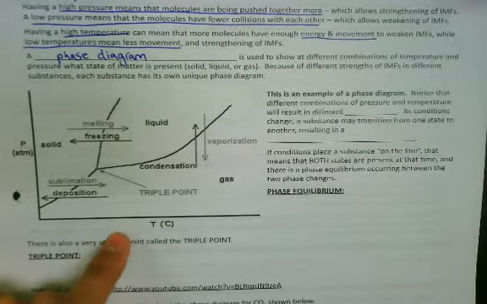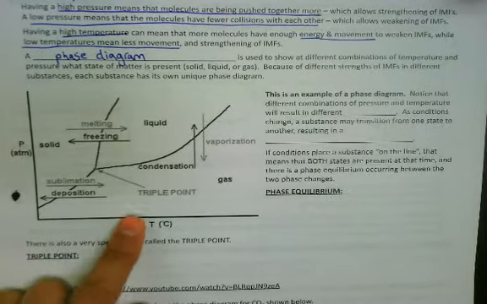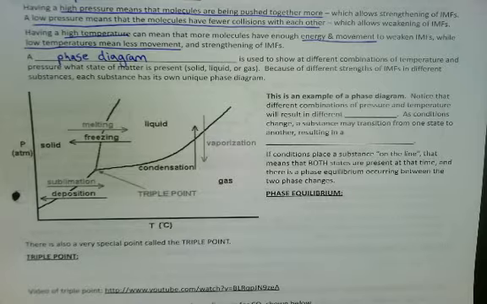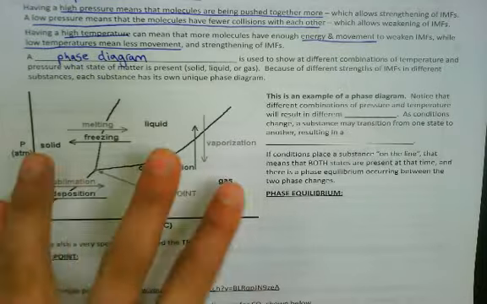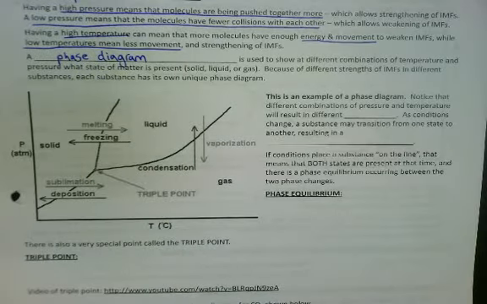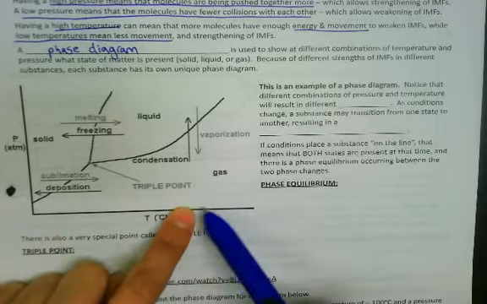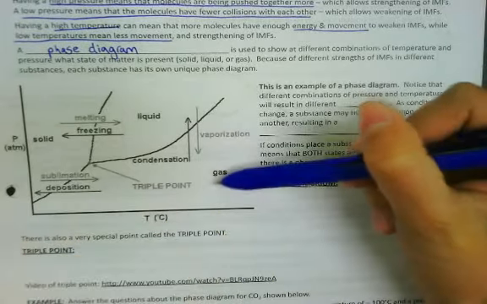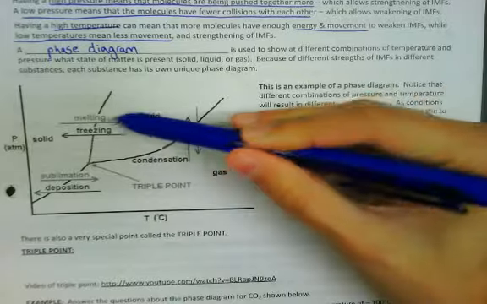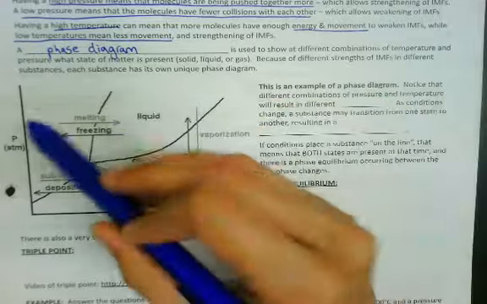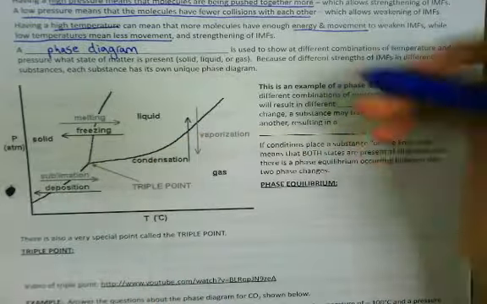And because of the different strengths of intermolecular forces in different substances, each substance has its own unique phase diagram. So carbon dioxide, for example, will have a unique phase diagram. Water will have a unique phase diagram. Bromine would have a unique phase diagram, so on and so forth, okay? And so right here on the temperature and pressure, if we were to line up this temperature with this pressure, we would be a gas, we'd be a liquid somewhere in here, and we would be a solid somewhere in here, okay?